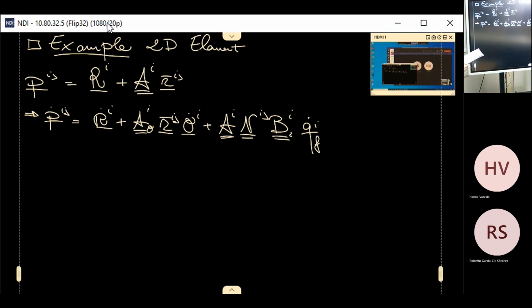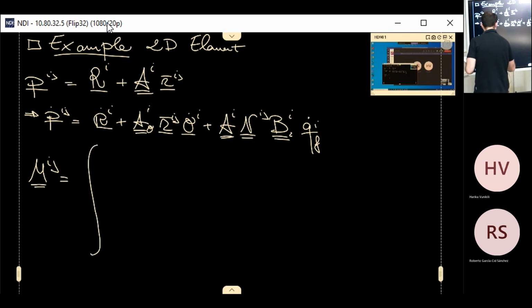Using this expression of the velocity, we could come up with a mass matrix deriving from the following integral over the volume of the body, the density, and then we had the following matrix.